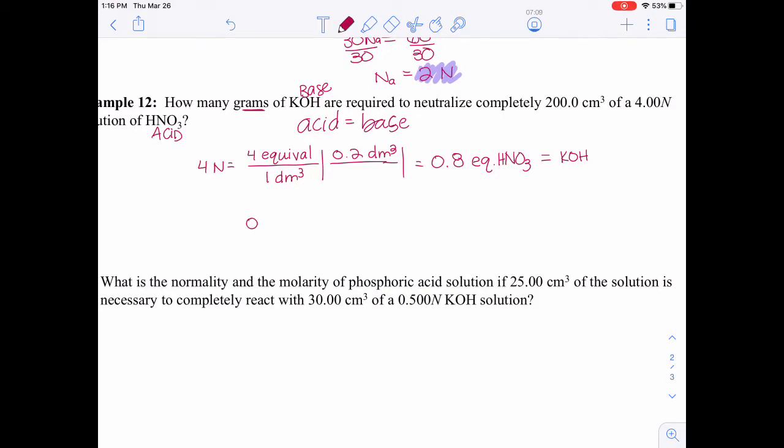So I'm going to start with 0.8 equivalents of KOH.